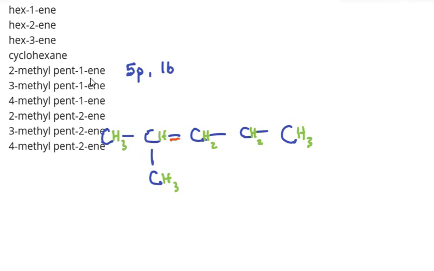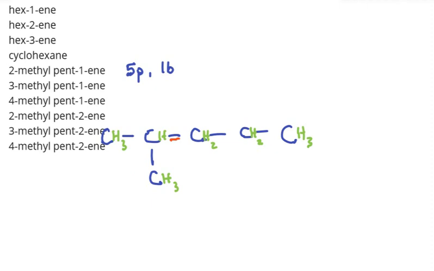We can make pent 1-ene, pent 2-ene. There is no pent 3-ene because if you just switch the numbering it turns into pent 2-ene. So these are the only isomers that we can get with 5 in the primary and 1 in a branch. At least if the molecule is linear.